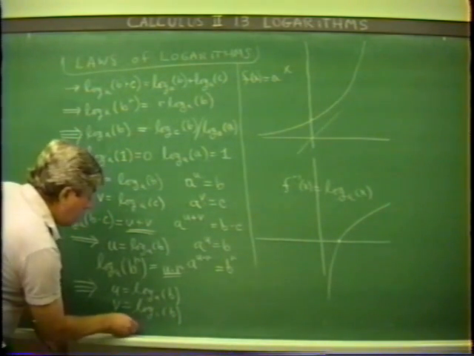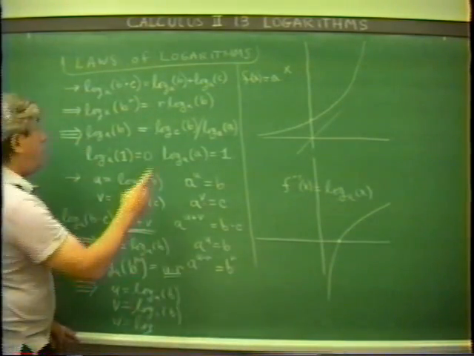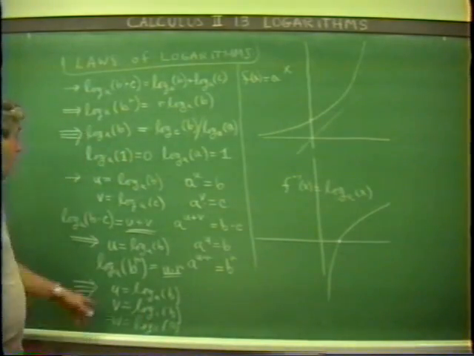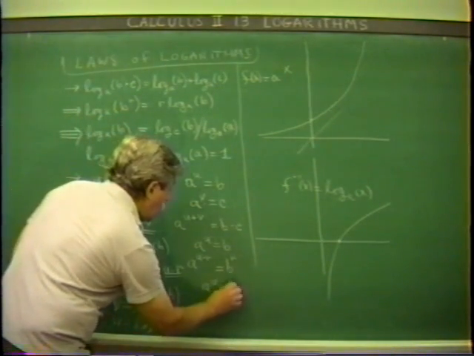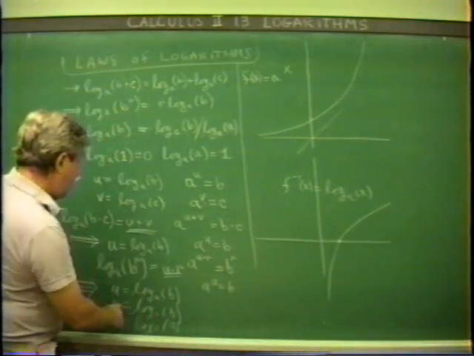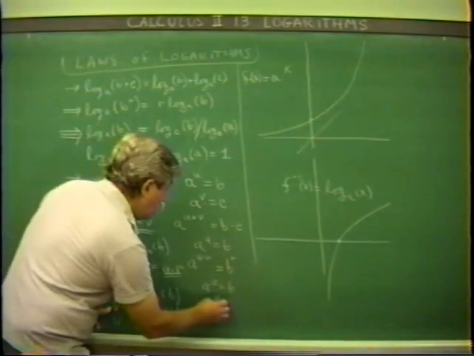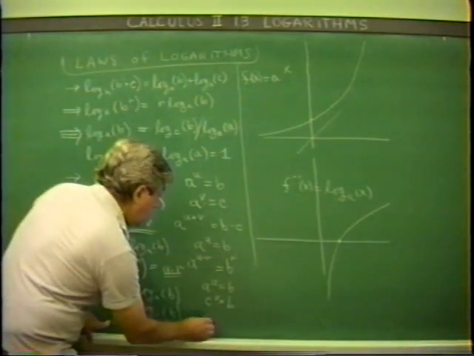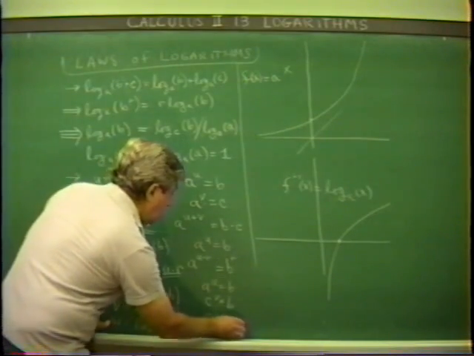And let w equal log to the base c of a. And what do we have? We have a to the u is b, and c to the v is b, and c to the w is a.